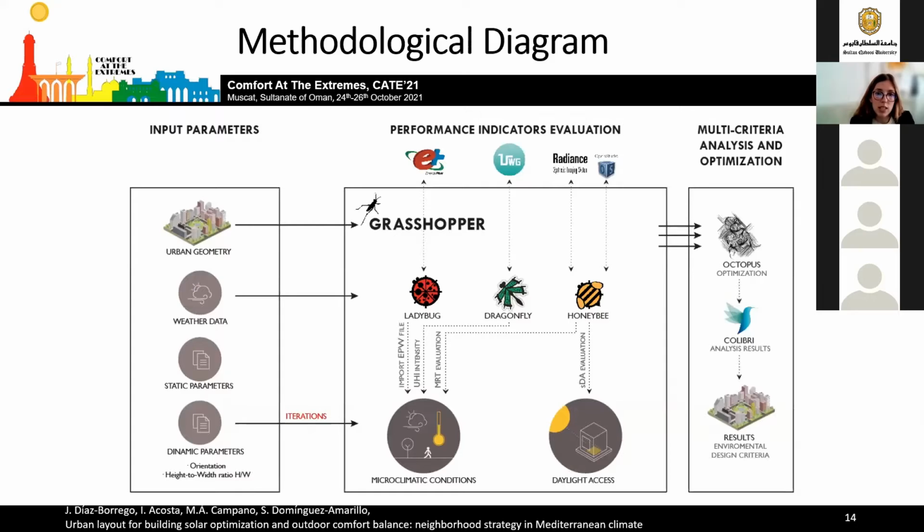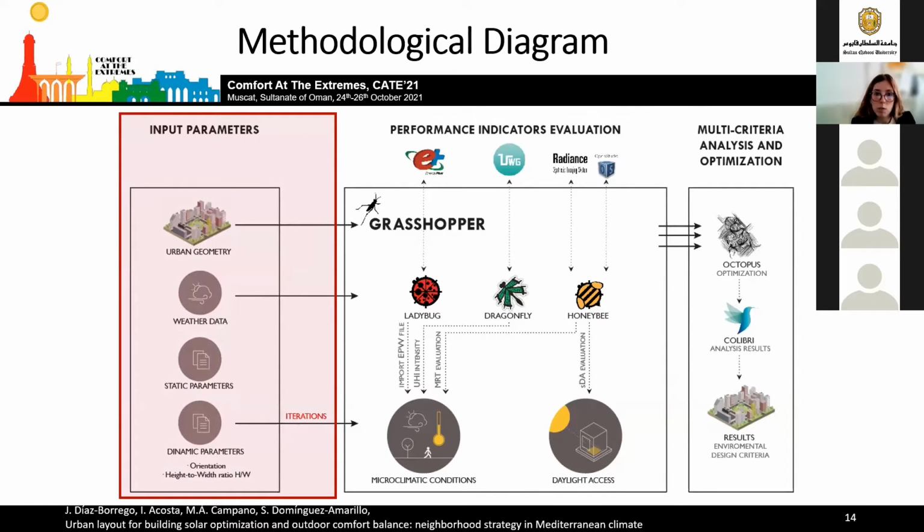The figure shows the digital workflow developed for this small application study, as well as the input data, lighting and thermal metrics, and plugins that materialize it. The geometric model has been built using Rhinoceros 3D. Once the urban geometry to be analyzed has been obtained, it will be parameterized using Grasshopper to perform the subsequent urban layout analysis and optimization.